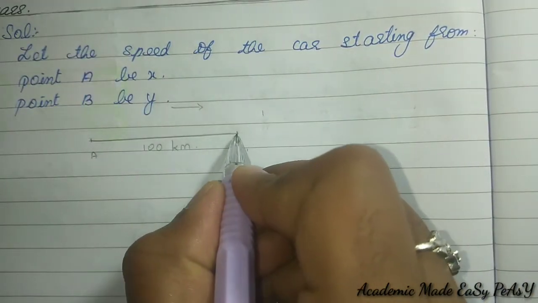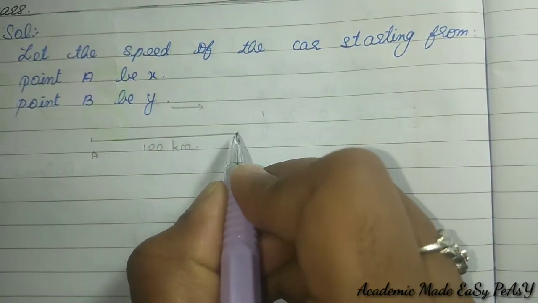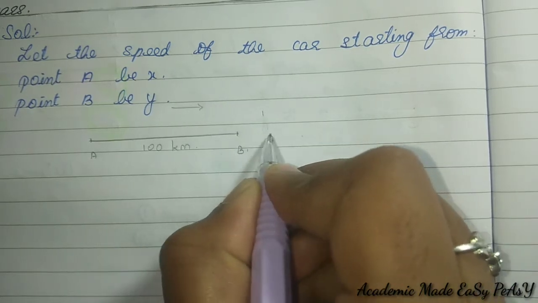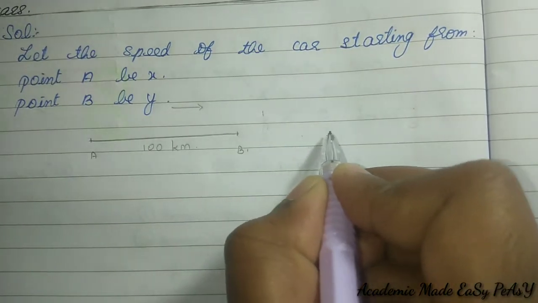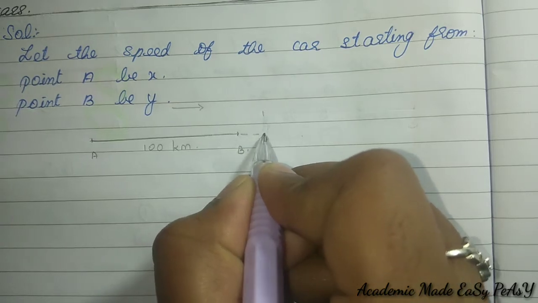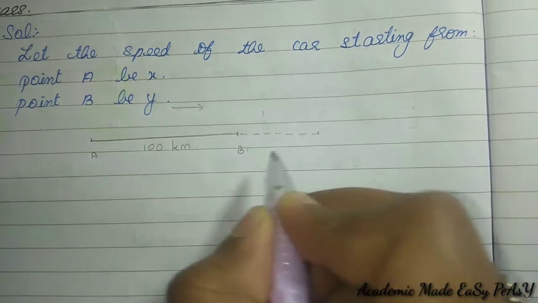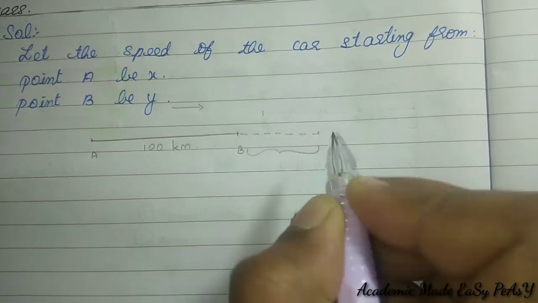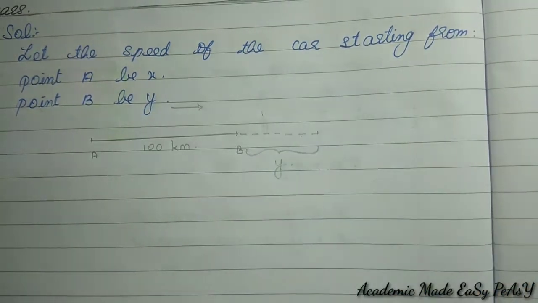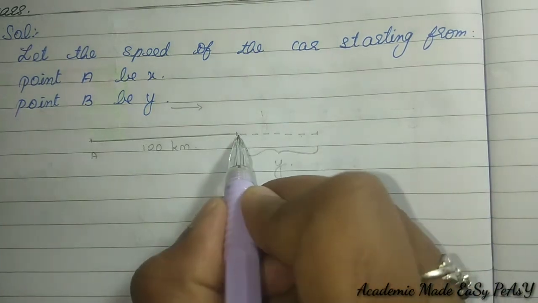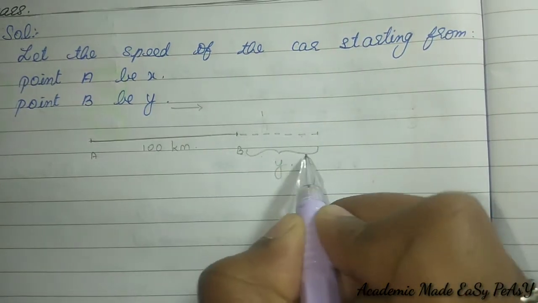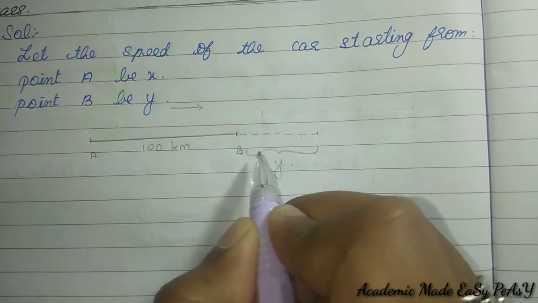So what will happen is that the car which is moving from B will be moving first, isn't it? Let me differentiate that with dotted lines. So the speed of the car starting from B is y. This is not the distance, this is the speed.